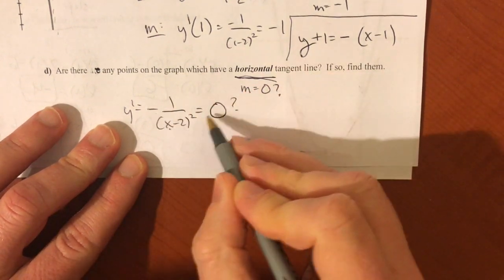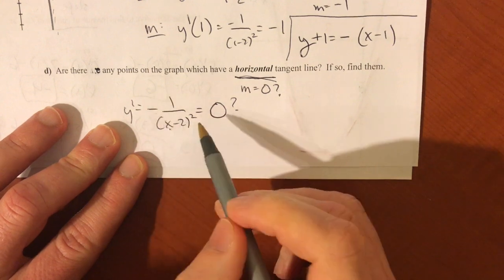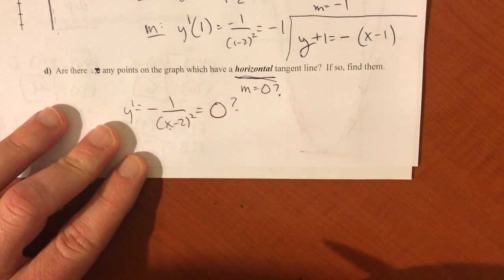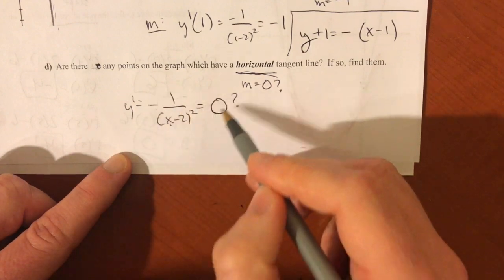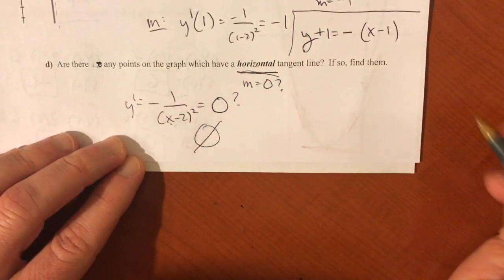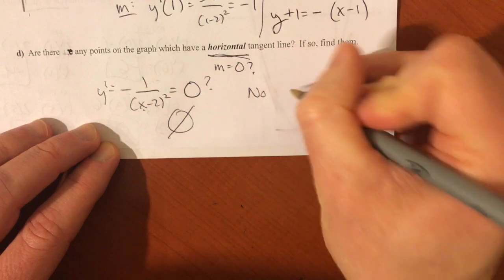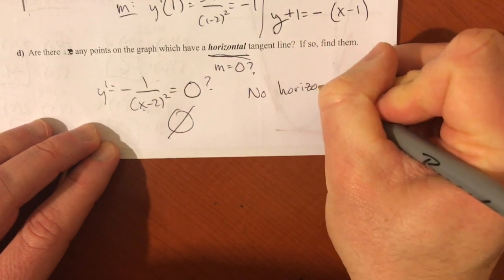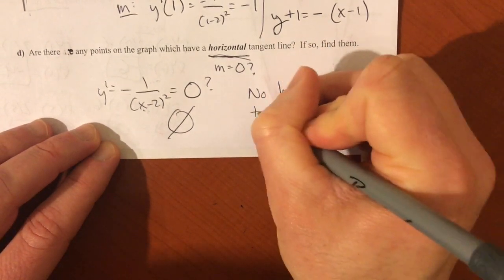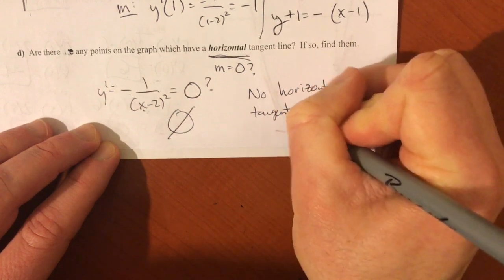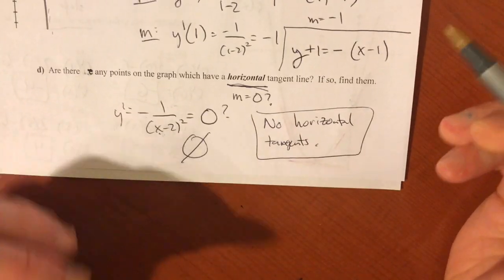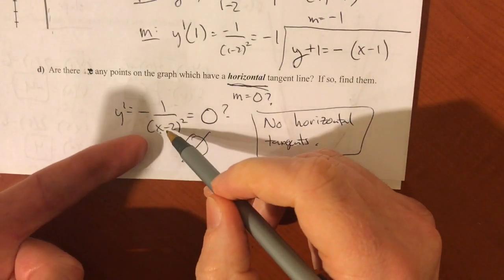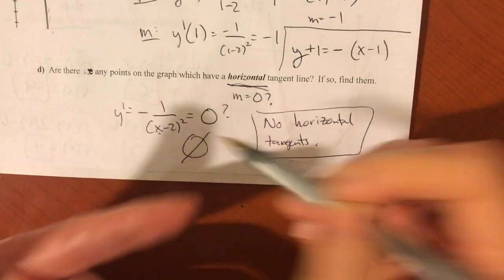Hopefully you see that no, the fraction's only equal to 0 when the numerator is equal to 0. So no matter what you put in for x, this fraction will never be 0. This has no solution. That means there are no horizontal tangent lines. But that'll be a recurring problem in calculus: you find when something has a horizontal tangent line by setting its derivative equal to 0.